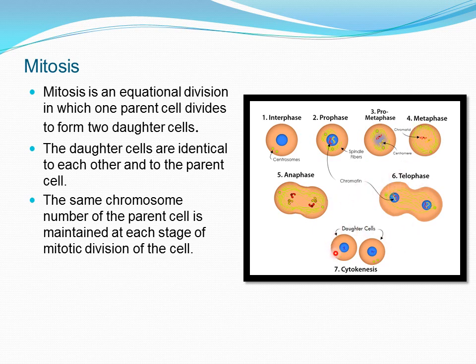Then this is cytokinesis. We will learn that also, when the cytoplasm divides. And the first 4 stages come under karyokinesis. So this is called the equational division, mitosis, where the one parent is dividing to form two daughter cells. So I think this is clear with all my students, and I can move on to the next slide.